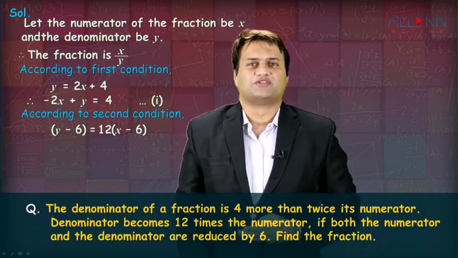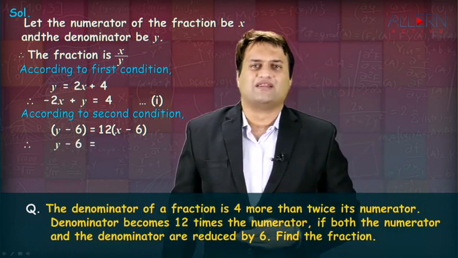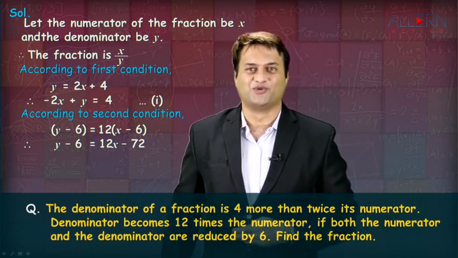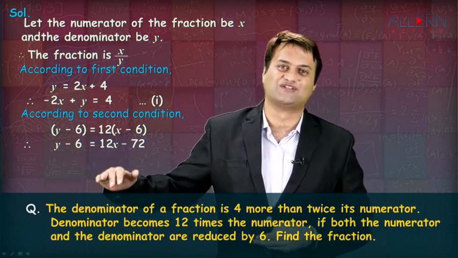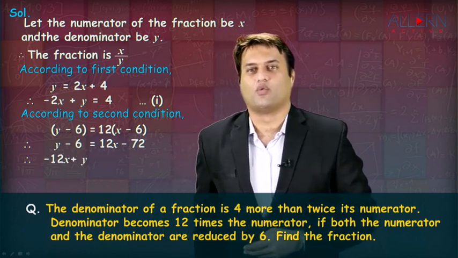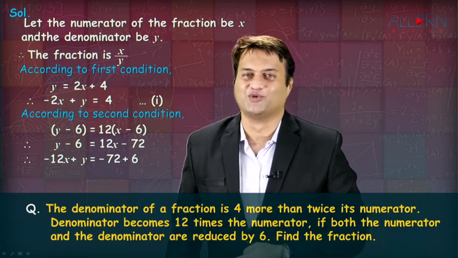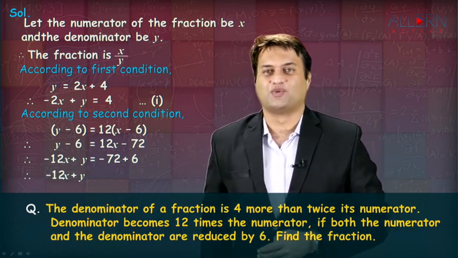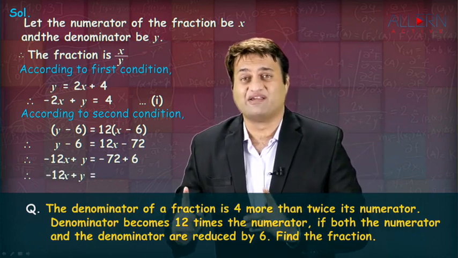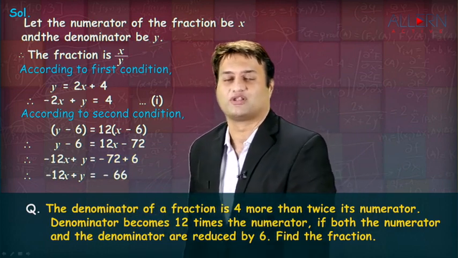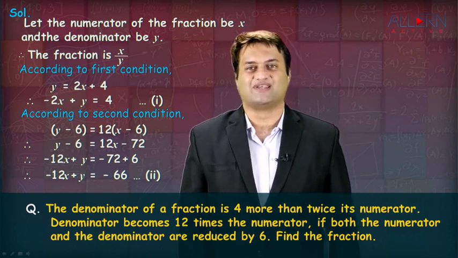Now, let us simplify this by opening the brackets. We get y minus 6 is equal to 12x minus 12 into 6, that is 72. Variables on one side, constants on the other side. We get minus 12x plus y is equal to minus 72 plus 6. Minus 72 plus 6 is minus 66 because the bigger number has got the minus sign. Let this be the second equation.